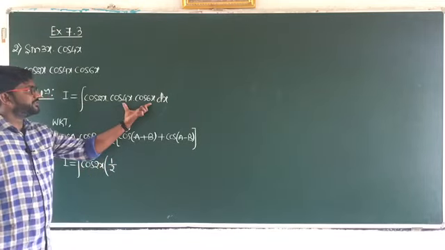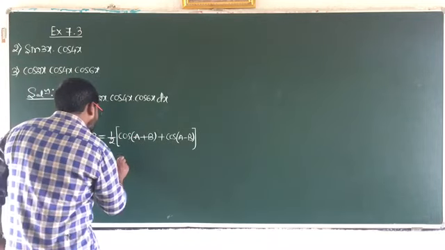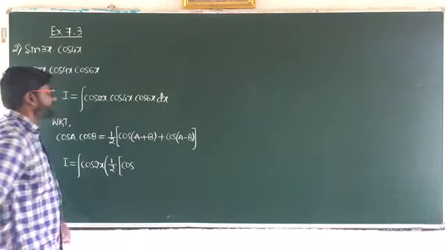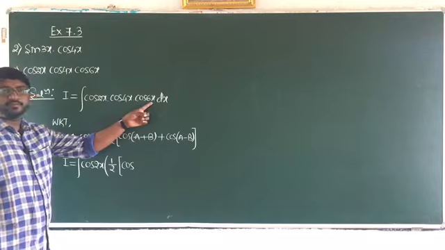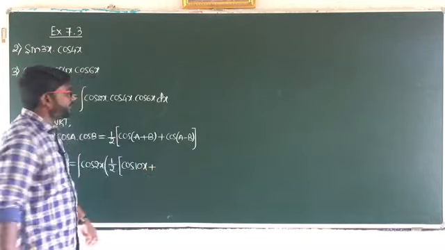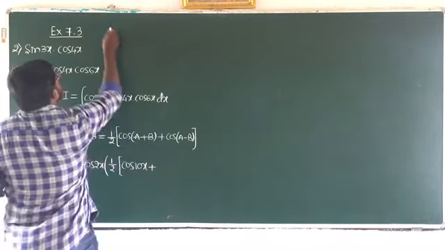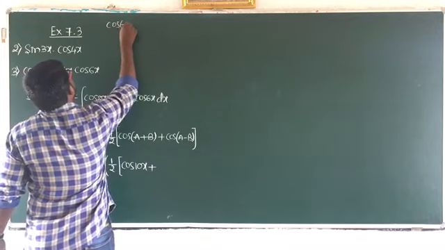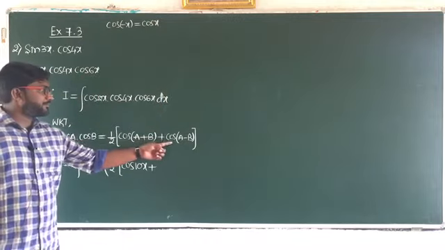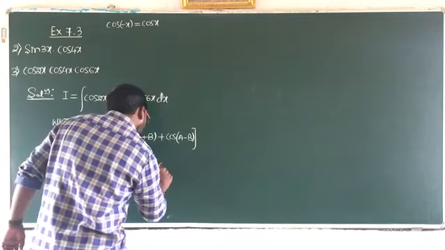For these two I am going to apply this formula: 1 by 2 into the bracket cos of (A plus B), 4x plus 6x will be 10x, plus cos of (A minus B), 4x minus 6x will be minus 2x. We have the property cos of minus x is equal to cos x. So here we get cos of minus 2x, so cos minus 2x will be cos plus 2x. So it is cos 2x.